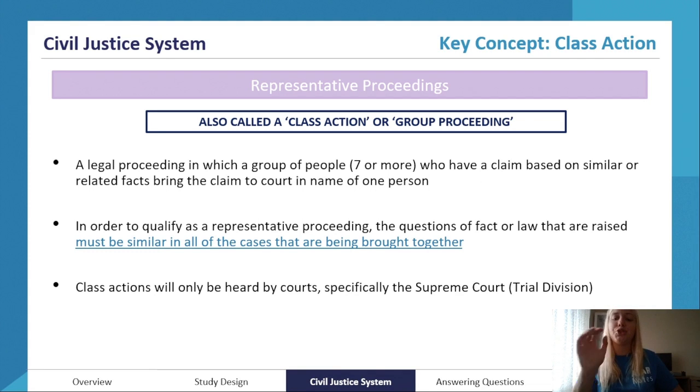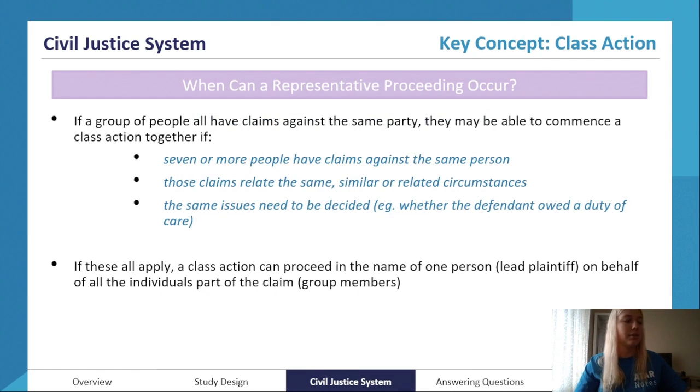Specifically, the jurisdiction for class actions is the Supreme Court Trial Division for all class actions. Because they're quite complex cases, a lot of resources in preparation, and they're going to be quite time consuming while all of these people are gathering a big group of plaintiffs together and accumulating evidence against the company, and the company is trying to defend itself.